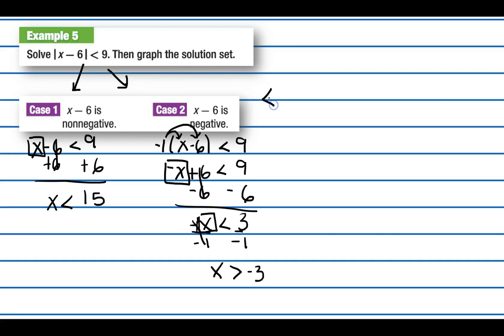So let's make a little number line here. Let's say we have 0 here, and we have 15 all the way over here, and we have negative 3 somewhere close. So we have x is less than 15. And notice here that it's just a less than. It's not a less than or equal to.